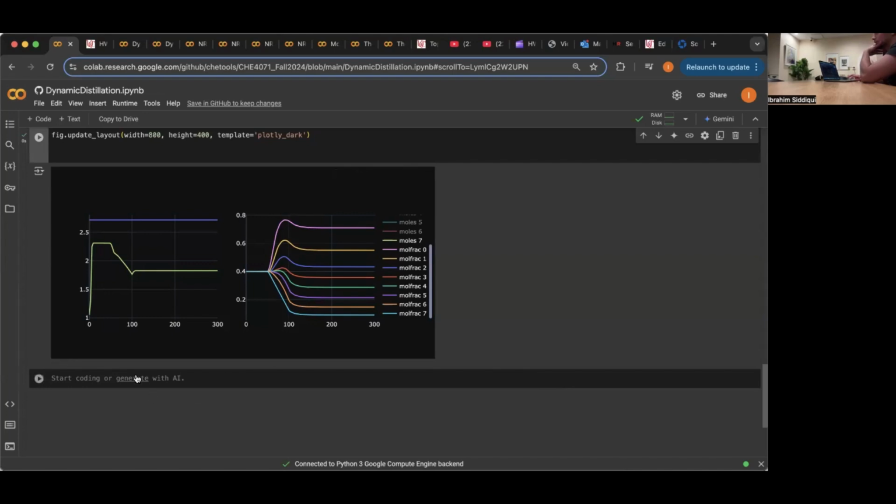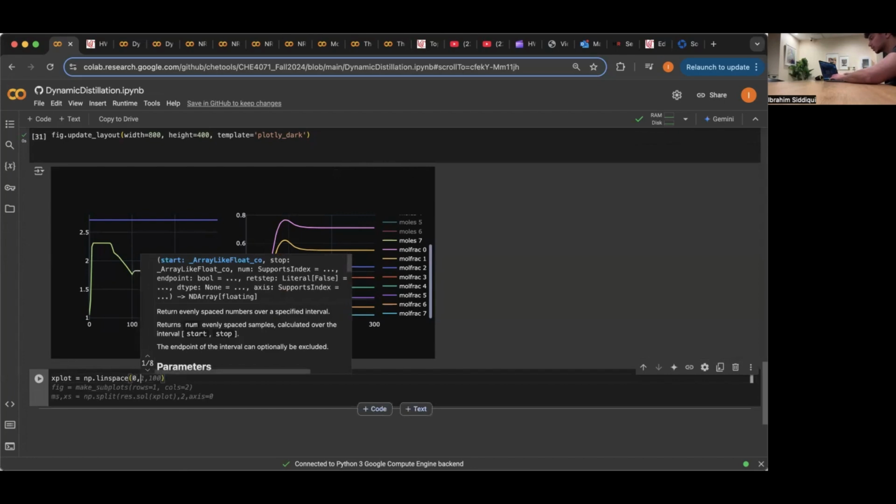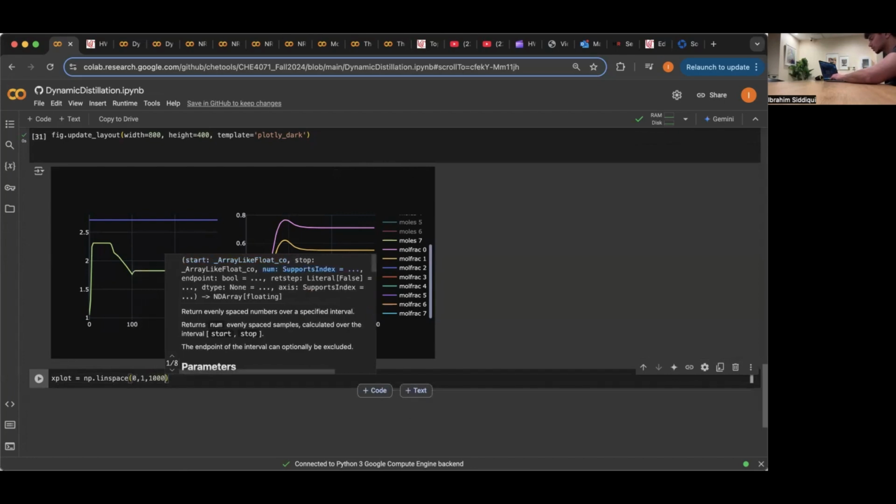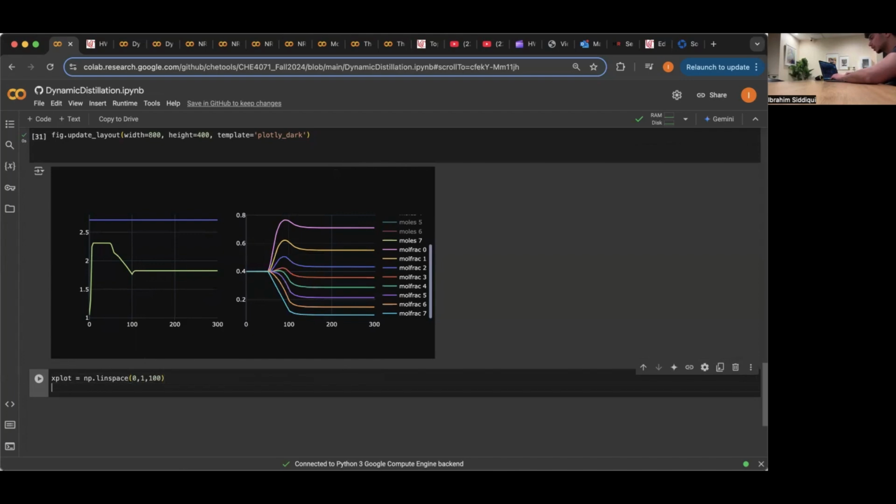Okay, so defining this, we want to go ahead and start by creating our x plot. So we're going to say that our x plot is going to be equal to our linspace, and we're going to be giving it our initial values from 0 to 1, with 100 points in this case. And then we're going to define another set of our x's.